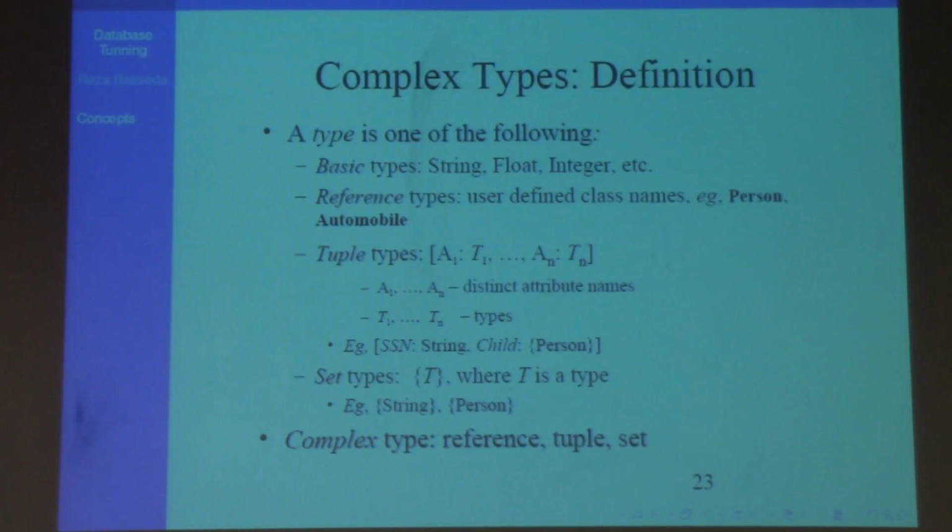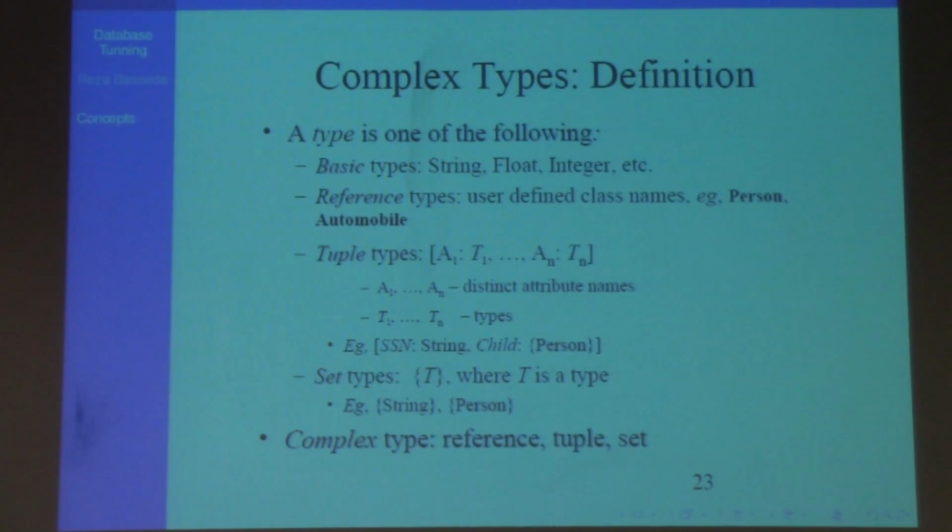So based on that, you can give a formal definition for types. Basically, a type is one of the following forms. Either the type is basic. What does it mean by basic? A primitive type, like float, integer, string. Or it can be a reference type.